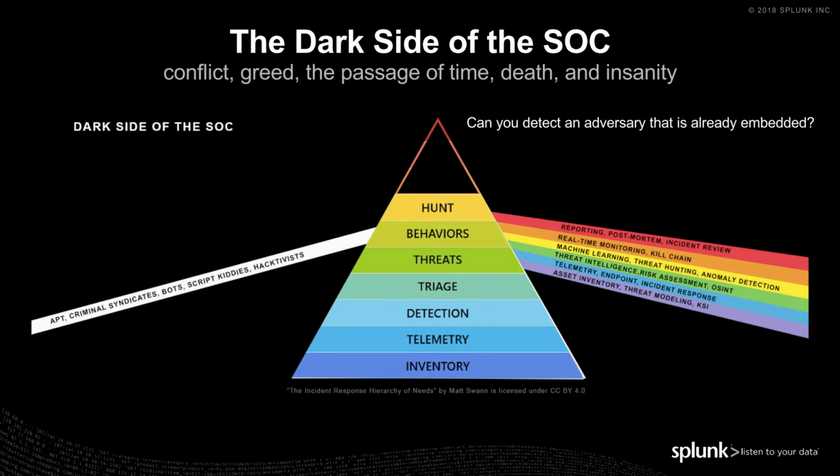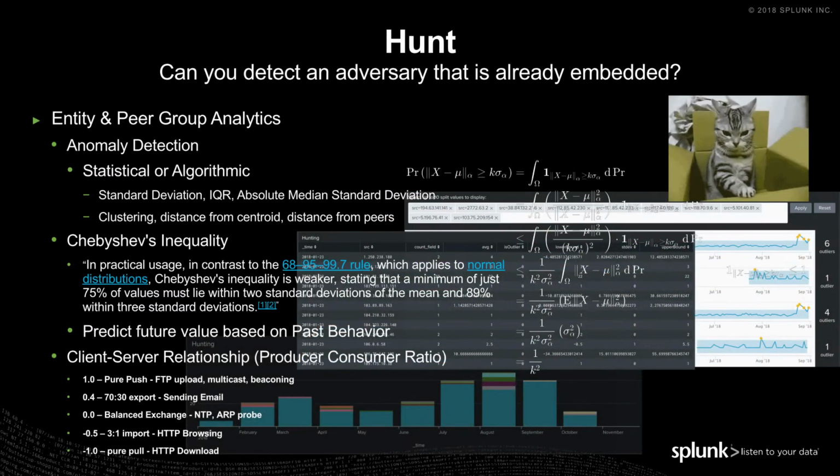Hunting, again, so how do you find enemies that are already embedded? Again, machine learning. So we can utilize anomaly detection, and anomaly detection is kind of a misnomer. There are two different ways of doing anomaly detection. There is statistical, where somebody falls outside of an expected threshold using standard deviation or IQR or median absolute deviation, or we could use clustering. Right? K-means clustering, or K-nearest neighbors.